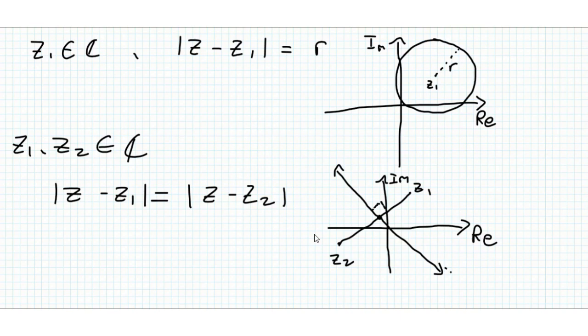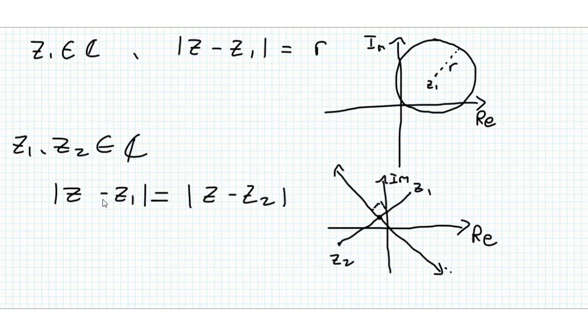And again, we want to look at the inequalities, the greater than and less than or equal to cases. To consider that, we've got to think, what's this equation telling us? The reason it's ended up being the perpendicular bisector of the line between z1 and z2 is the modulus of z minus z1 means the distance between z and z1, okay?